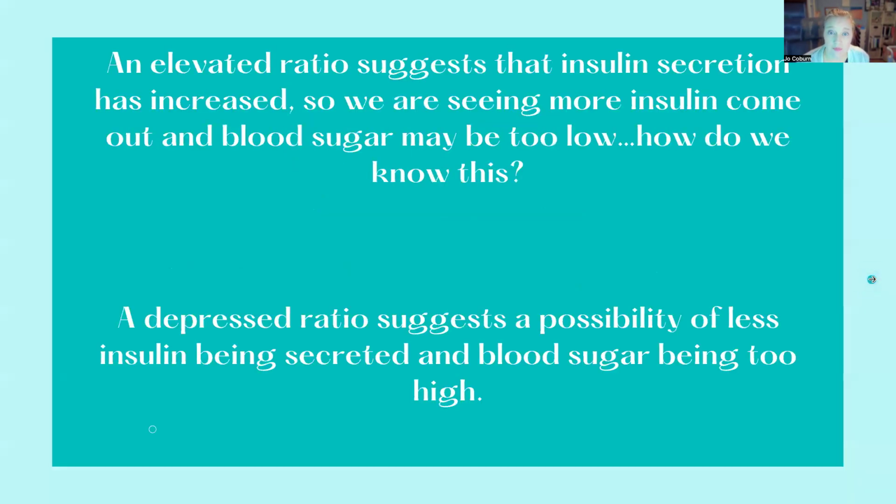So an elevated ratio suggests that insulin secretion has increased. So we're seeing more insulin come out and blood sugar may be too low. And how do we know this? Well, I guess they get symptomatic. Yeah, we can see it in symptoms, hypoglycemia.